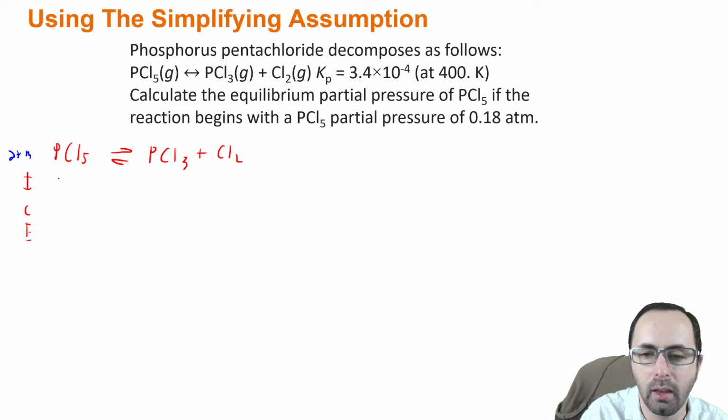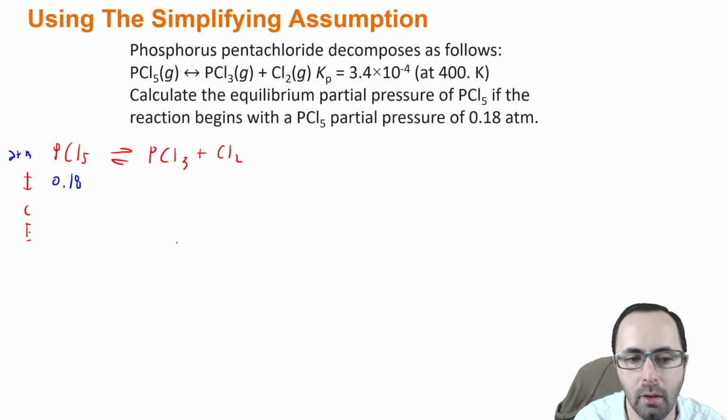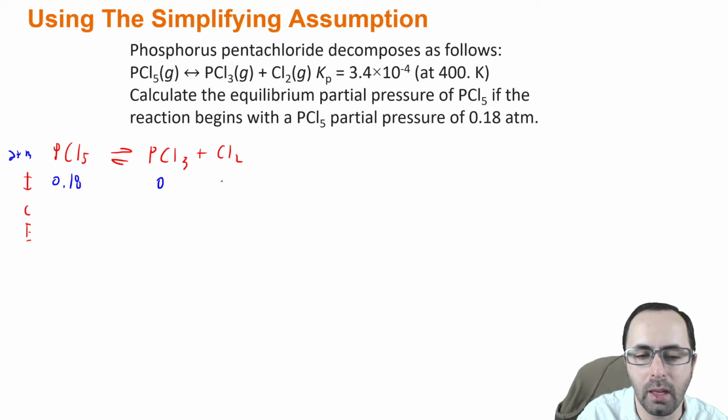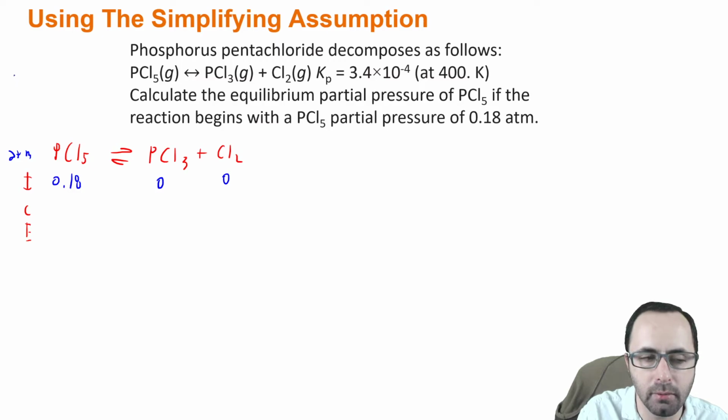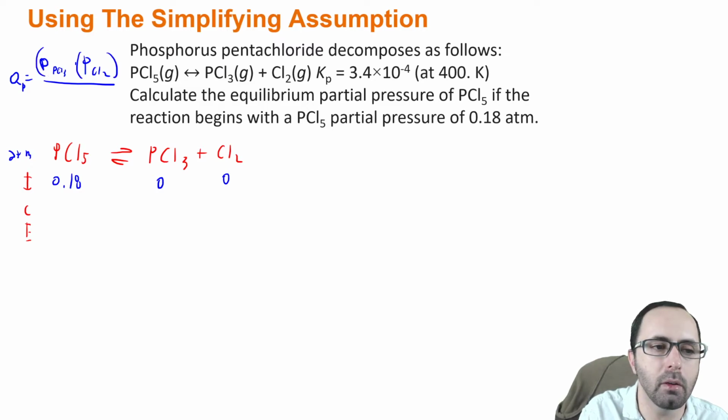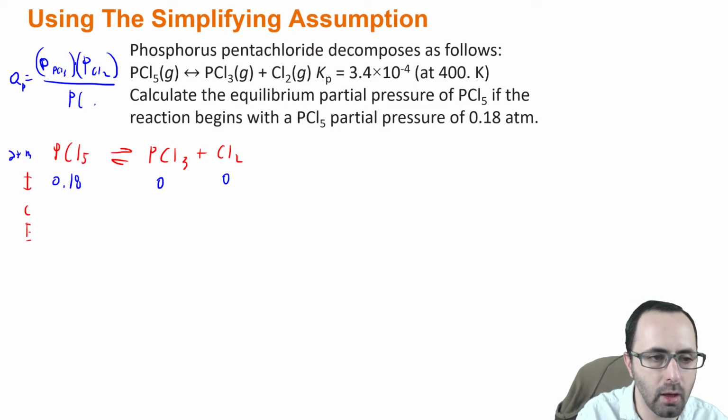Okay, and so in our ice table, we're going to have 0.18 atmospheres for the PCl5, and we've got no PCl3 and no Cl2. So again, you could calculate Q here. Why don't we go ahead and do that just for the hell of it? So Q is going to be, we're doing Qp here, the pressure of PCl3 times the pressure of Cl2 over, I'll just use parentheses like we usually do, over the pressure of PCl5.